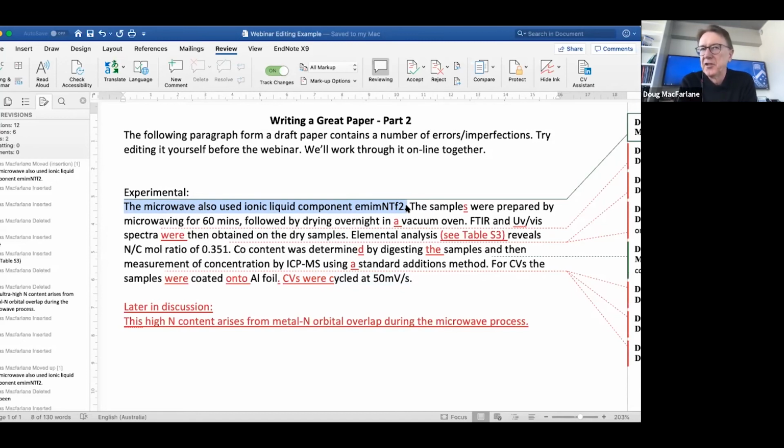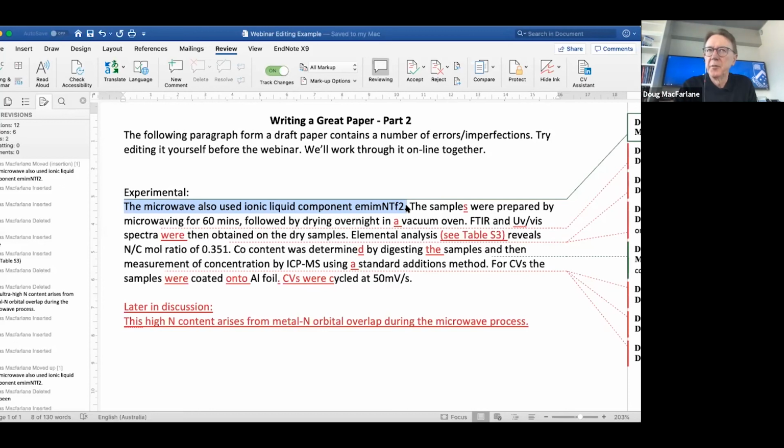The problem with this sentence is it's giving a bit of information, but it's not giving enough information to make sense. So I think we all agree this sentence either needs to be deleted, but probably what it's reminding us is that we haven't given enough information, because this is the only place it's going to turn up, about the details of how this microwaving mixture, if you like, preparation stage was carried out.